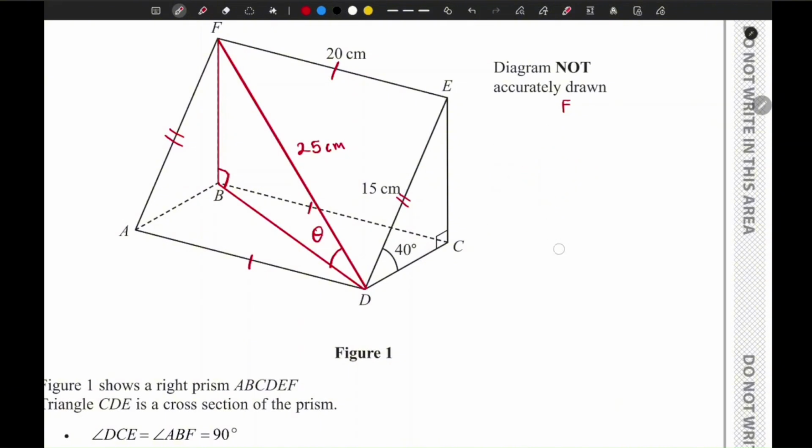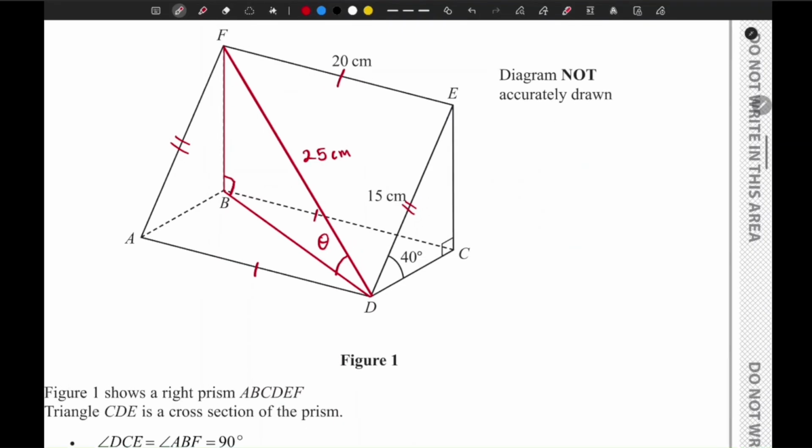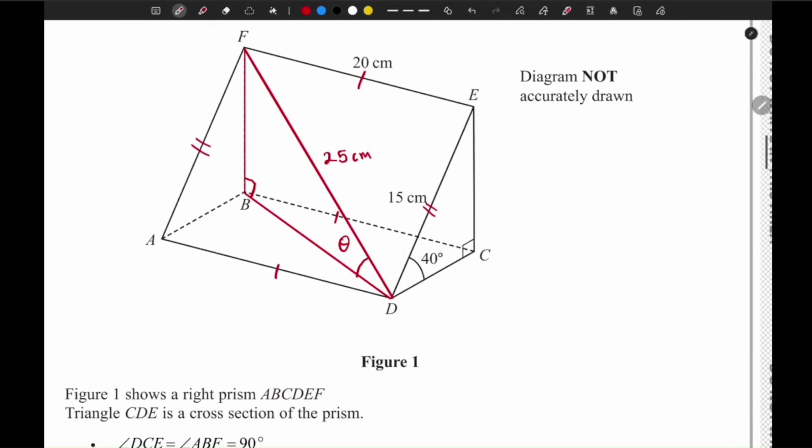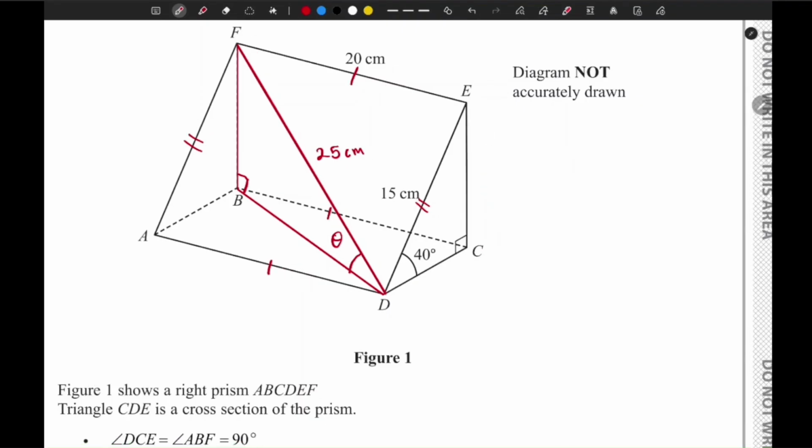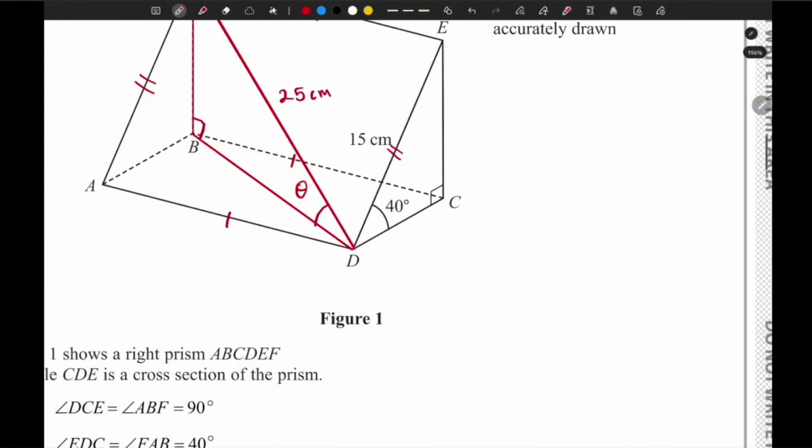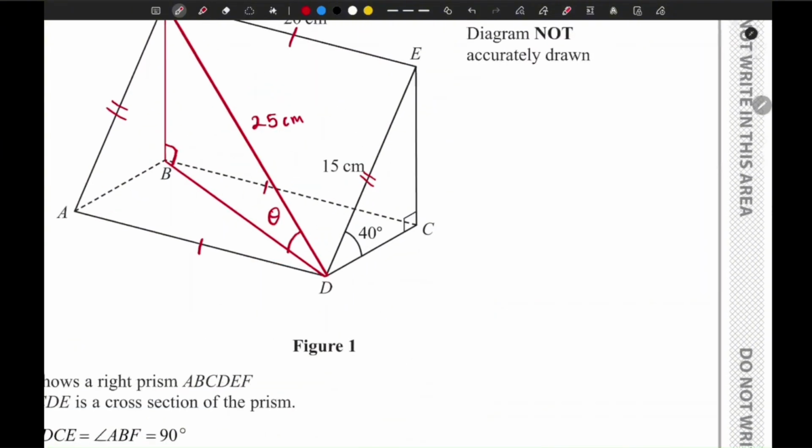Now let's see if we can calculate another length, which is FB, this one. We can say that the FB length is equal to the EC length, since this is a rectangle. And we can calculate the length of EC very easily, because as you can see, this is a right angle triangle and we have one of the lengths and the angle.